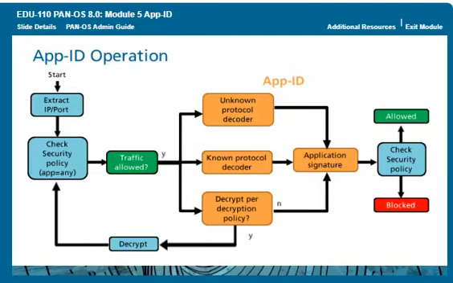If an application signature cannot be identified, the traffic can be labeled as unknown TCP or unknown UDP. After an application has been identified, the firewall checks the security policy to determine whether to block, allow, or allow and scan for threats.